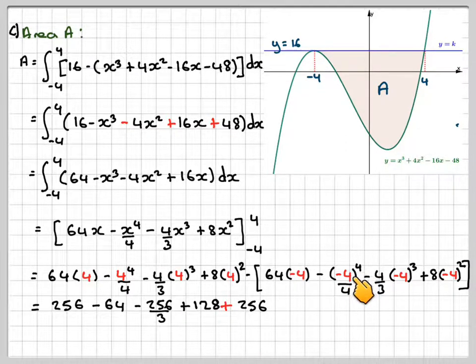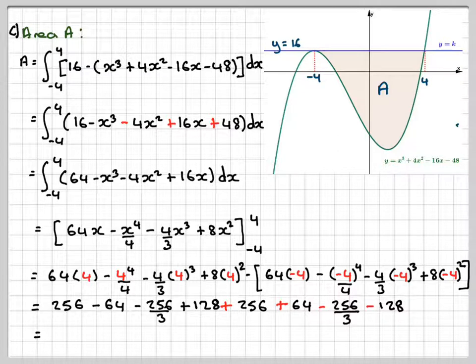Minus 4 to the 4 is positive, times a negative, negative will make that plus 64. Minus 4 cubed is a negative, times a negative makes it positive, but times another negative will make that negative. So minus 256 over 3. And then 8 times minus 4 squared is positive, and that negative there will make it a negative.